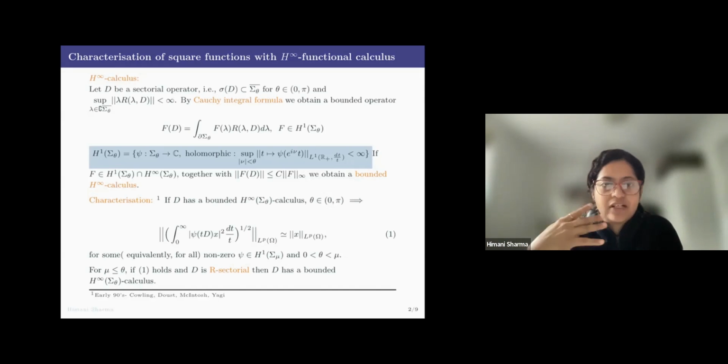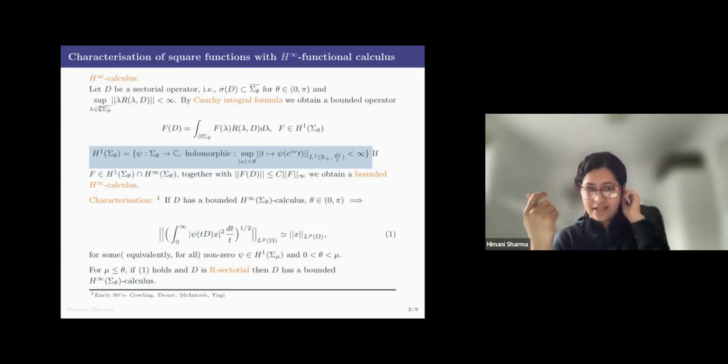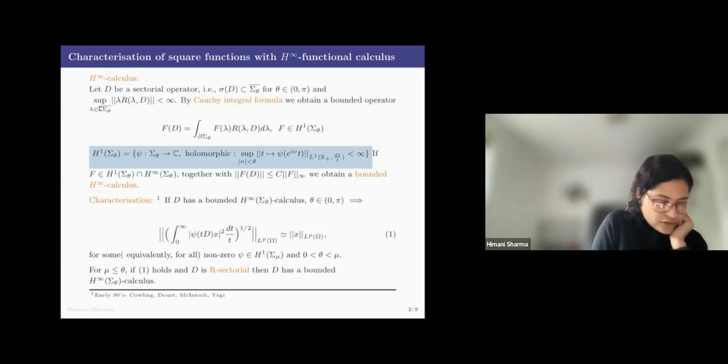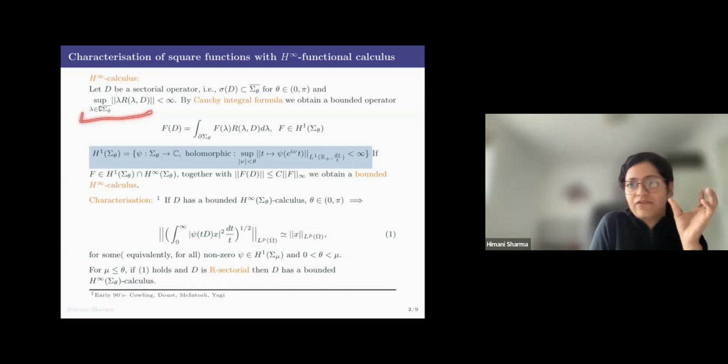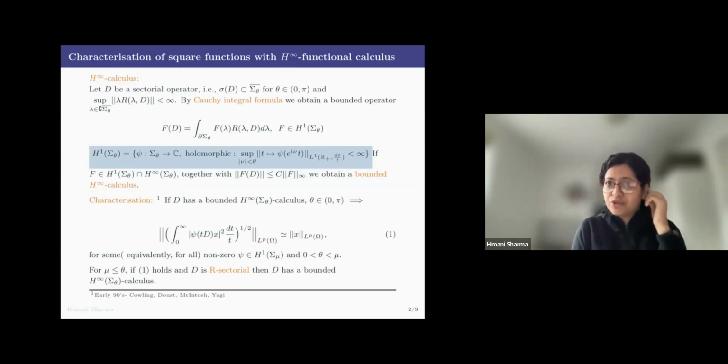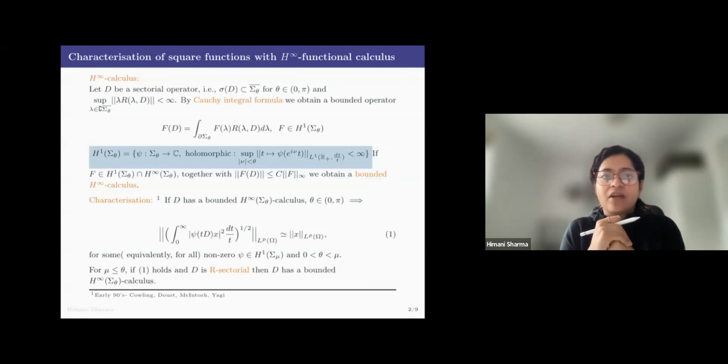So what is R-sectorial? An operator is said to be R-sectorial if, taking the set of all lambdas for which this quantity is finite, we want that set to be R-bounded. I'm not going into the detail of R-boundedness here, but it is something stronger than boundedness.